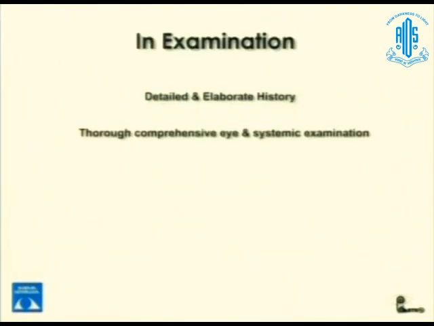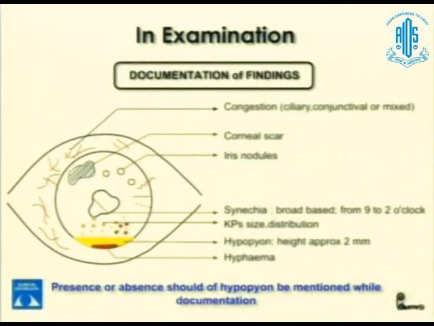And so just to conclude, in examination take a detailed, elaborate history. Thorough comprehensive examination is very important, and the documentation is also very important. Normally we just mark the corneal scar as black and the iris nodule. While documenting the KPs, you have to mention the size and the distribution of the KPs, and the synechiae, the extension of the synechiae, whether it's extending from this o'clock to that o'clock, and hypopyon.